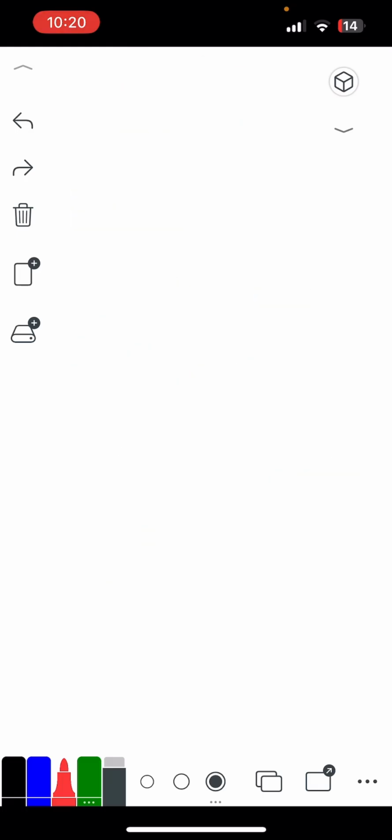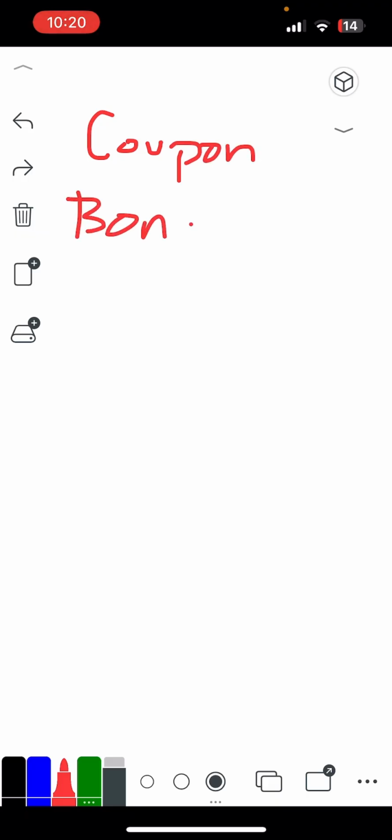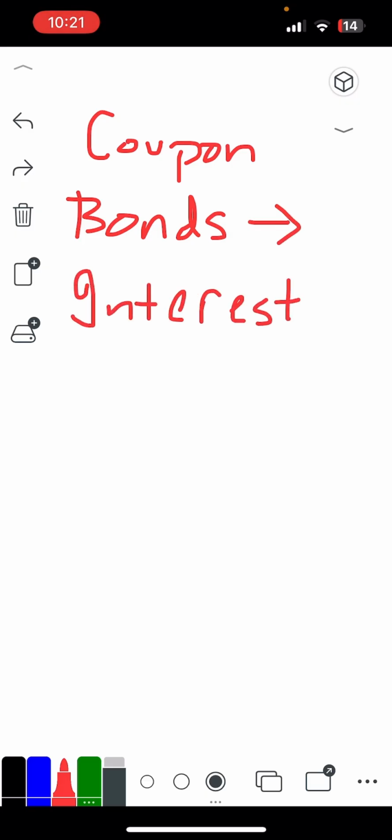So your coupon bonds offer interest payments in addition to whatever you get by selling these bonds. If you sell them at a premium, you'll make profit. If you sell them at a loss, you will lose money. However, the interest payments are guaranteed.